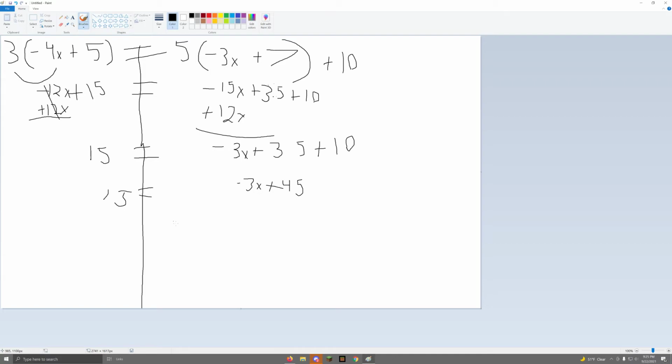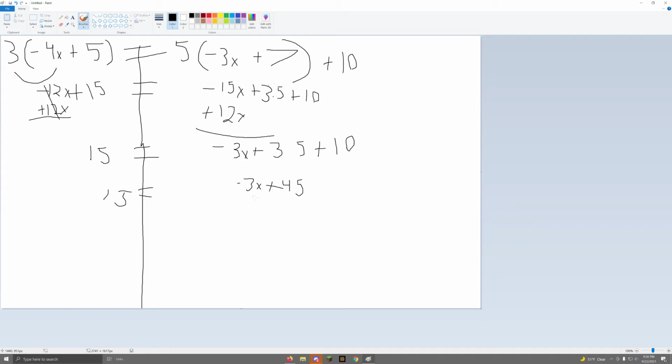Now, this is what I was talking about earlier, and what I said about the example problem probably not being correct at the very beginning of the video. So what you would do here, as an example, you would find the number that is not linked with a variable. So negative 3x, that stays as it is right now. We don't do anything with that.